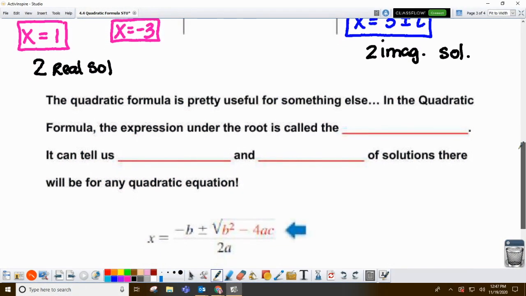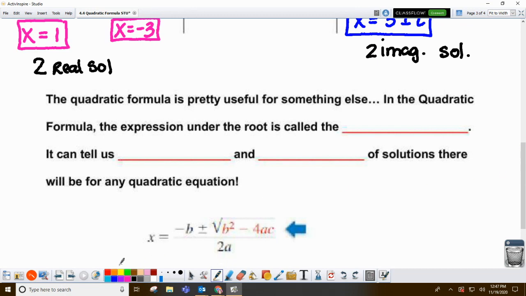So the quadratic formula is pretty useful for something else. In the quadratic formula, the expression under the root is called the discriminant. I think it's spelled that way; apologize if I end up spelling this wrong.